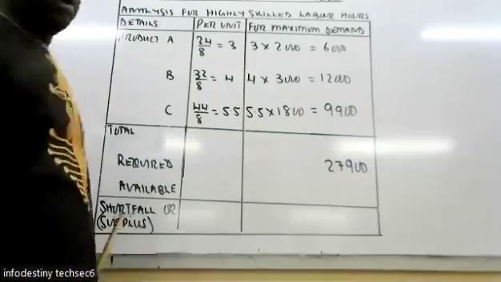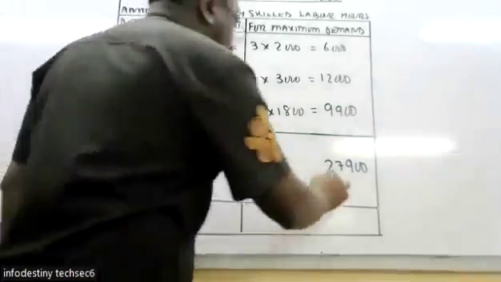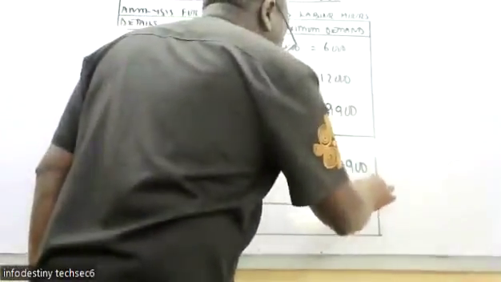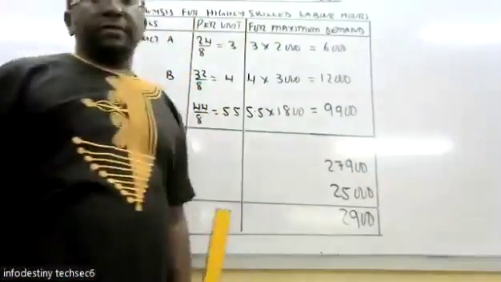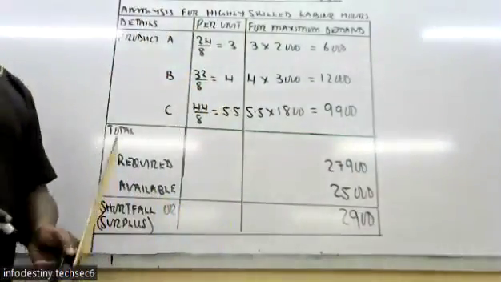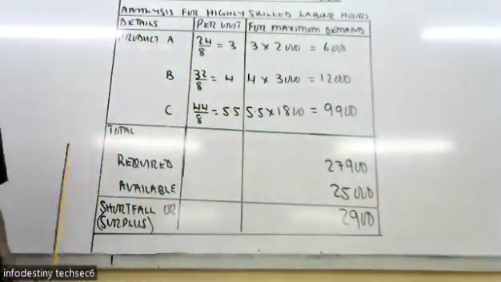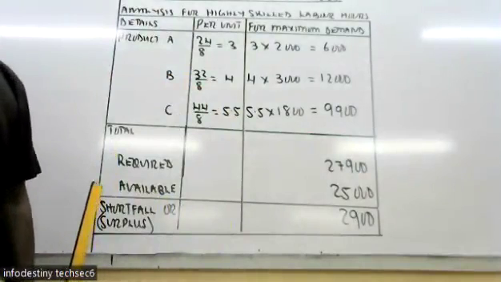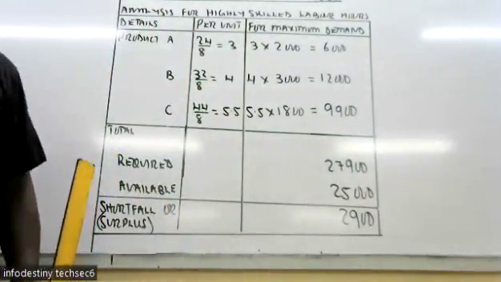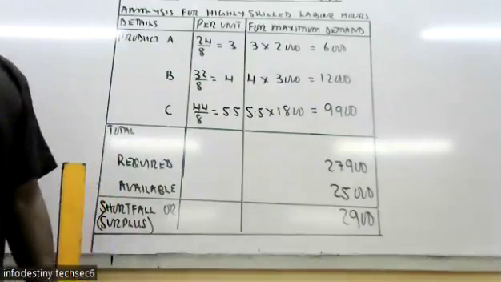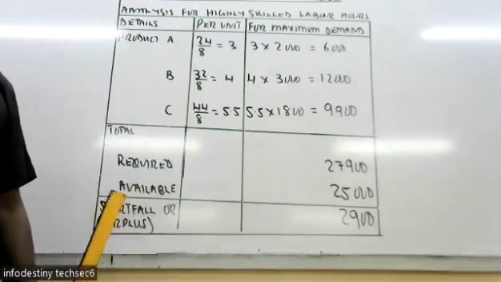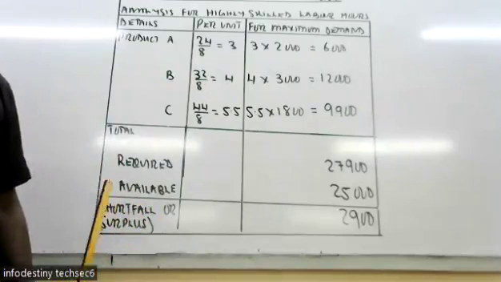Aya, the available tulikuwa tumeambiwa kuna 25,000. So that means there is a shortage of 2,900. That is how you check to know whether something is a key factor or limiting factor.